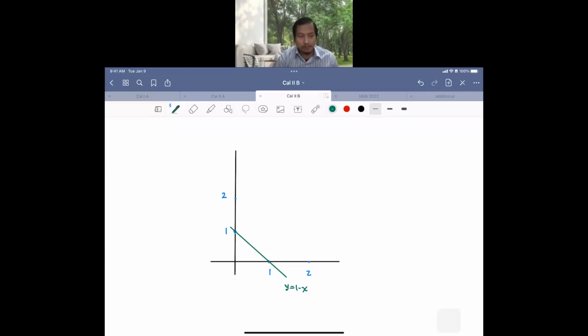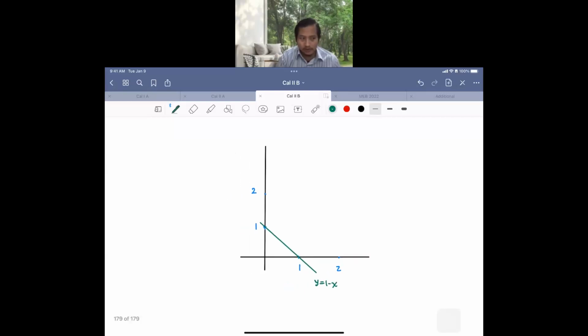And then 2x plus 1. For 2x plus 1, x should be negative half here, and then this will connect to here.